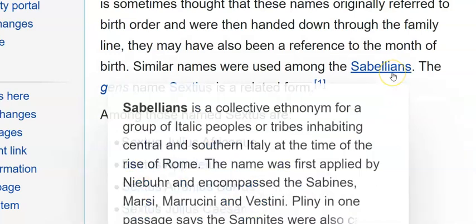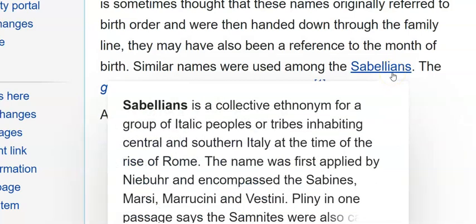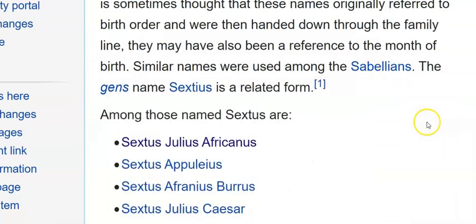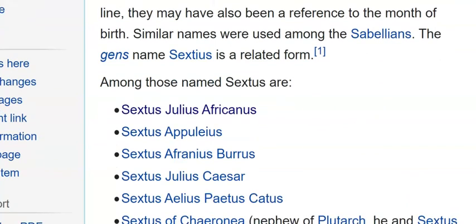This is like supposed to be a group of Italic peoples or tribes inhabiting southern Italy at the time of the rise of Rome. You see what I mean? So like all the stuff 6 and 7 to do with this Rome, it's fake as me. It's another metaphoric type of idea, like this Roman stuff, to basically hide the masonry behind it.